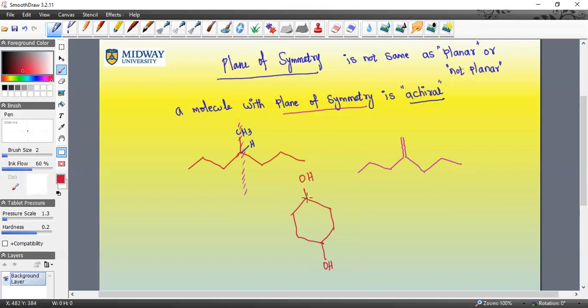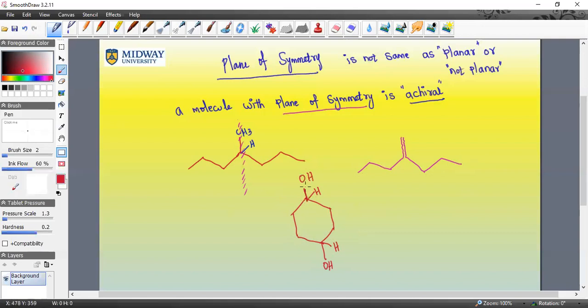Now, this one has a hydrogen and it's attached to OH, and this carbon is also attached to hydrogen and OH. The problem is they often don't look at everything below. They just look at the bond and say, oh yeah, it's the same.